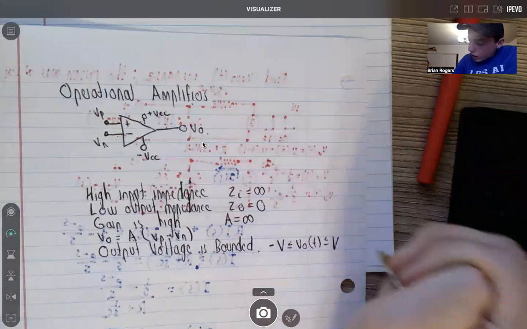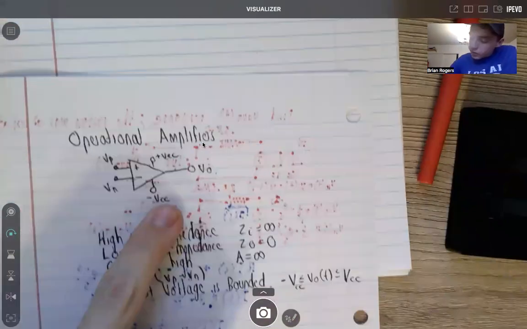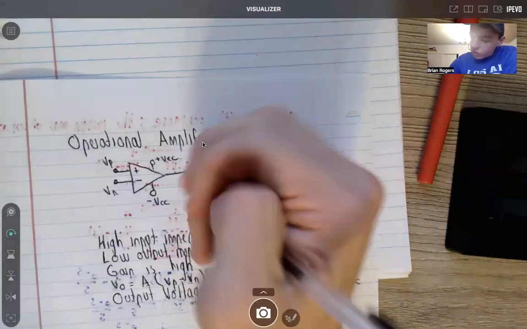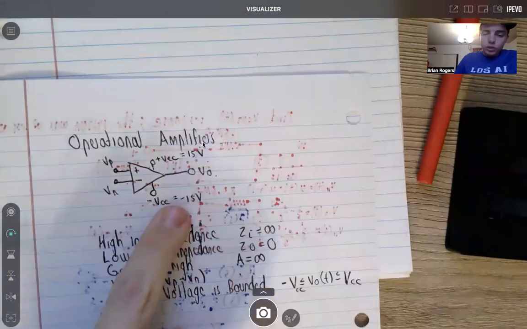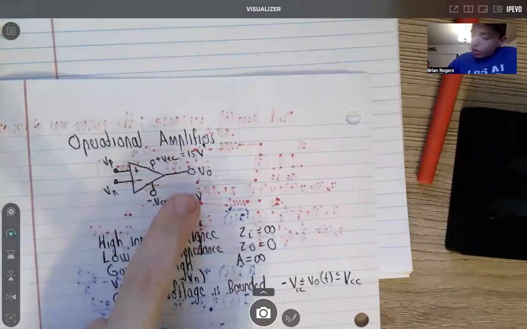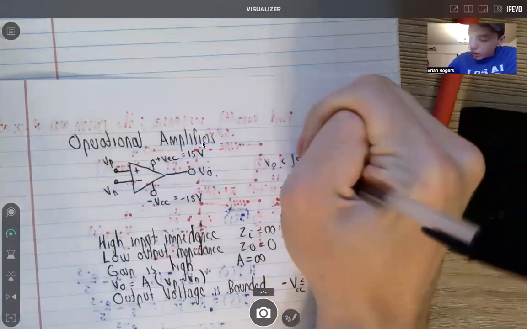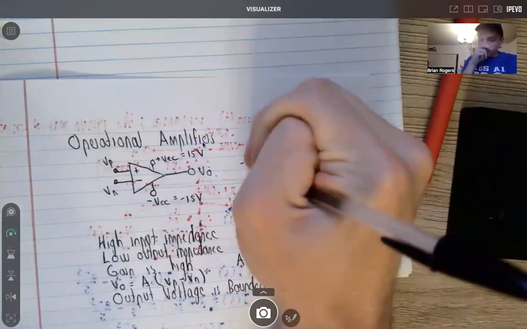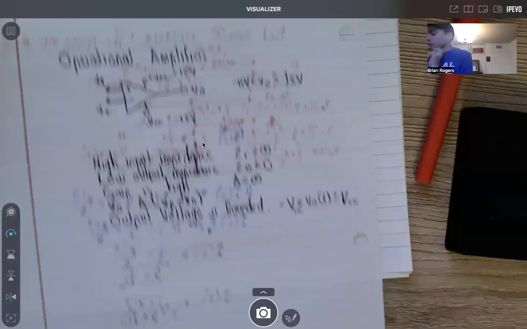If we have negative 15 volts and 15 volts for the supply, the output voltage is limited to the range of negative 15 to 15 volts. Okay, so that's what an op amp is.